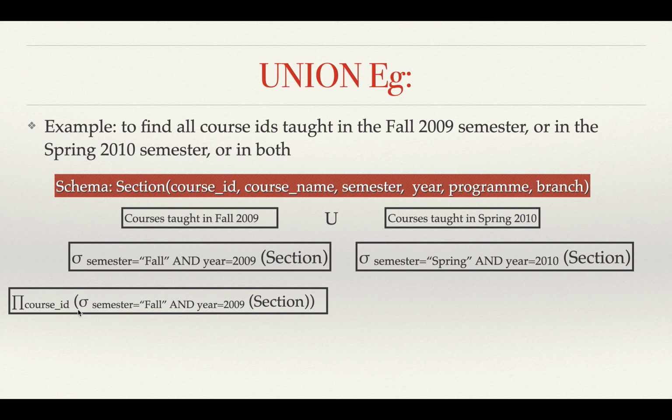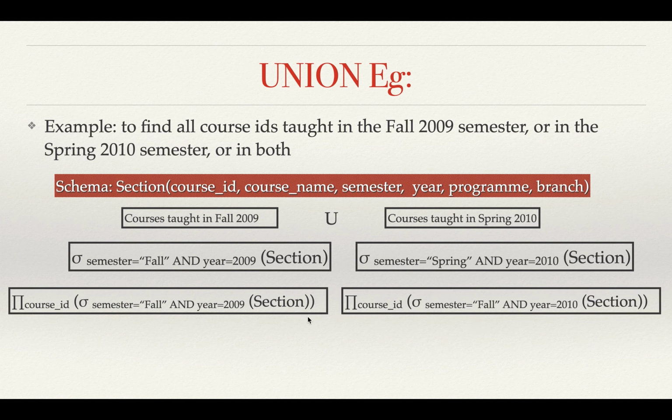So now what you have to do, you have to do a project operation on the answer. So what output you are expecting is course ID. So pi of course ID. Similarly here also pi of course ID to this.